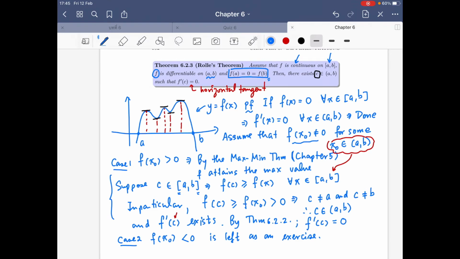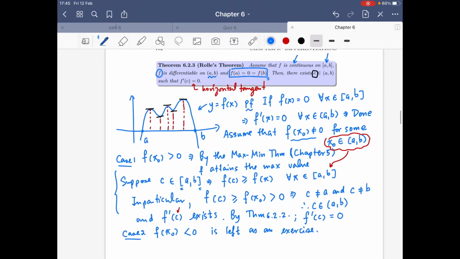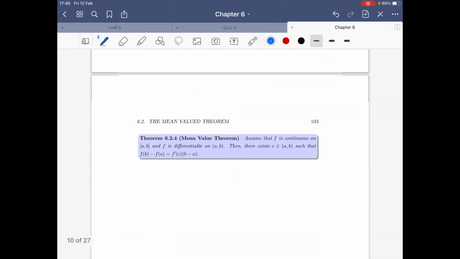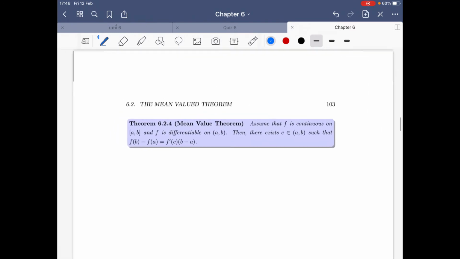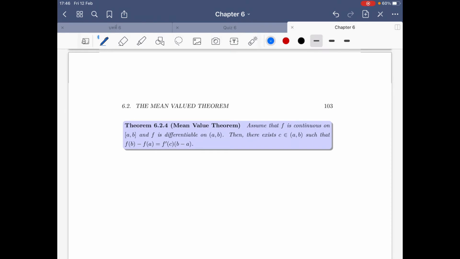So now we are ready to establish the mean value theorem. The mean value theorem is actually Rolle's theorem in a version where you rotate your curve a little bit.